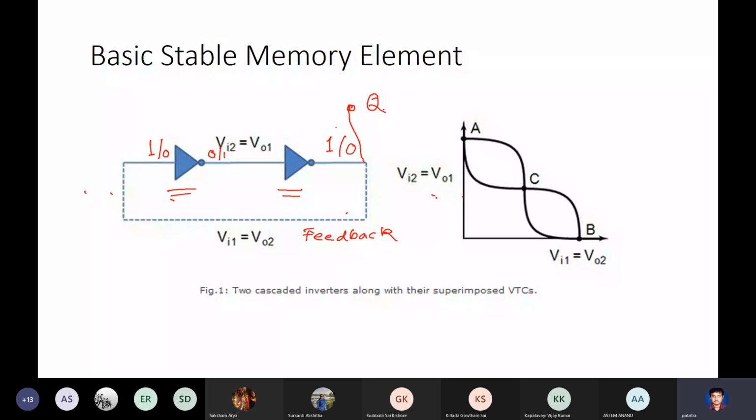If somehow the input of the NOT gate is set to 1, then Q is 1 forever. It always stays at 1. Similarly, if it is set to 0, Q always stays at 0. So Q is the state of the memory. If we call these two NOT gates together a 1-bit memory element, Q is the bit. Q is the value that is stored.